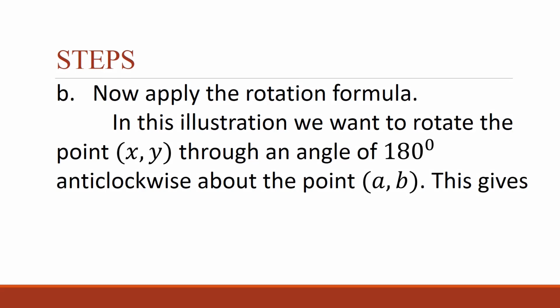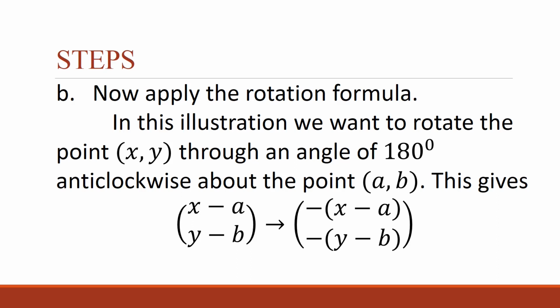In step B, we apply the rotation formula. In this illustration, we want to rotate the point (x, y) through an angle of 180 degrees anticlockwise about the point (a, b). This gives negative (x minus a) and also negative (y minus b). Remember that rotation 180 degrees anticlockwise implies that we negate both the x coordinate and also the y coordinate.